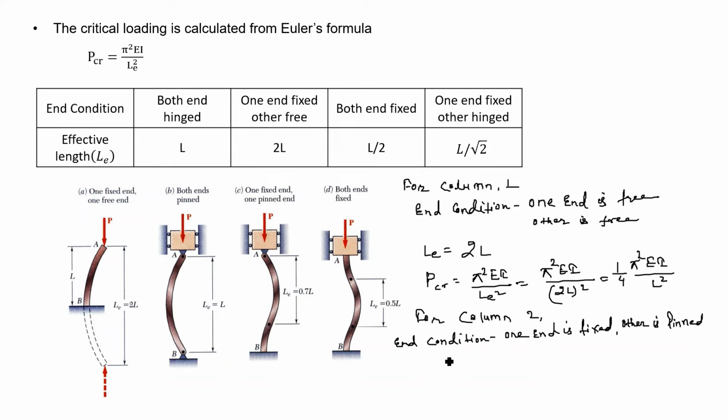So, for this condition, the effective length of the column will be L by root 2. So, for this condition, the critical loading of this column will be pi square EI by effective length square. So, effective length here is L by root 2 square. So, it will be 2 into pi square EI by L square.